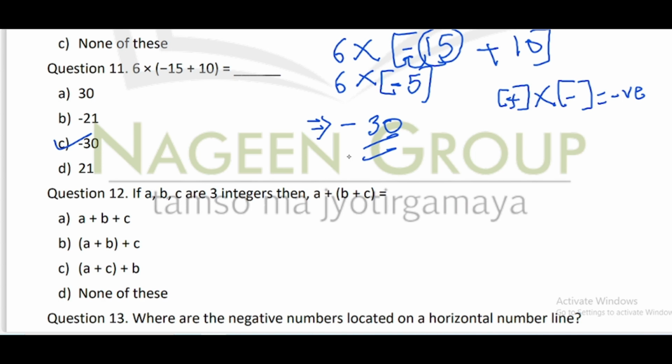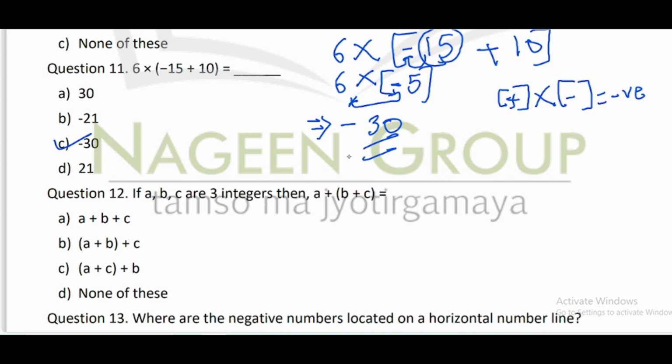First, we solve the bracket, the addition of minus 15 and plus 10. Both have opposite signs. Then we subtract 15 minus 10, that is 5, and the symbol of 5 is negative because 15 has the negative sign and is greater than 10. Then we multiply the signs of both integers.